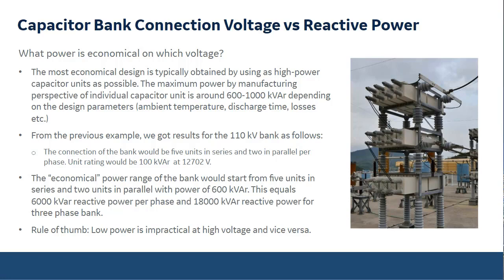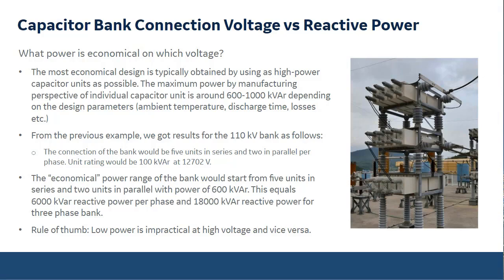So for 110 kV, something like 18 megawatts would be the minimum optimum power. It would be a little bit less, perhaps 15 megawatts would still be okay, but you can see that this means that 1 megawatt is not okay. So the rule of thumb here: low power is very impractical at high voltages, and vice versa.